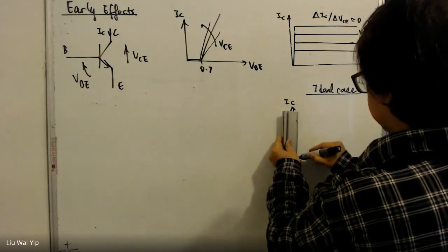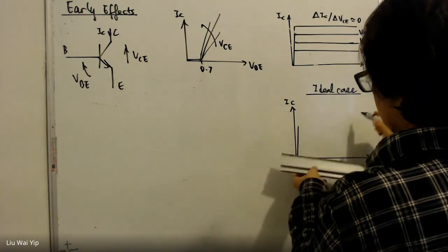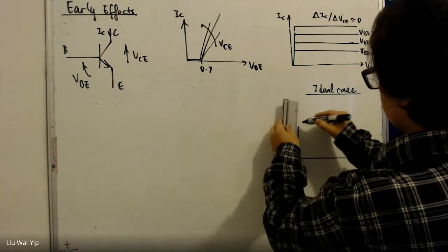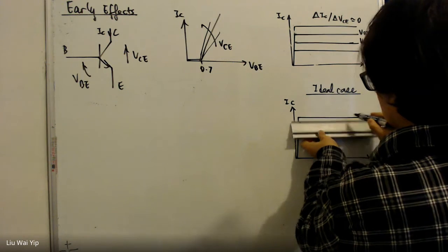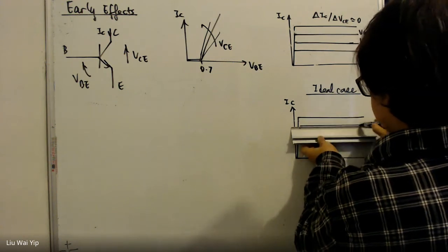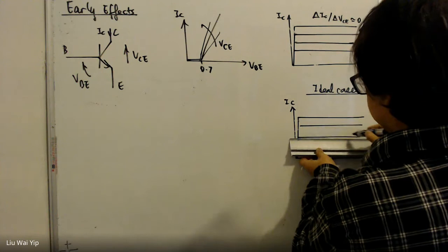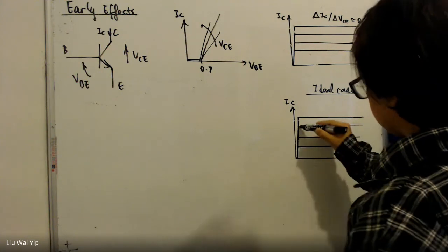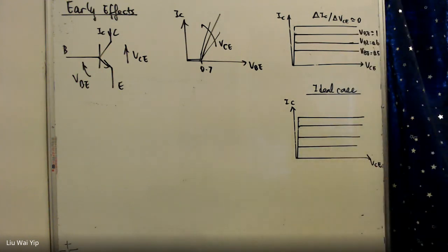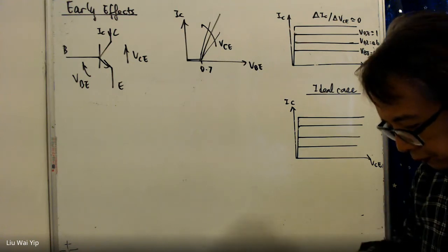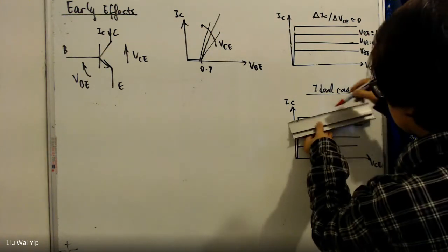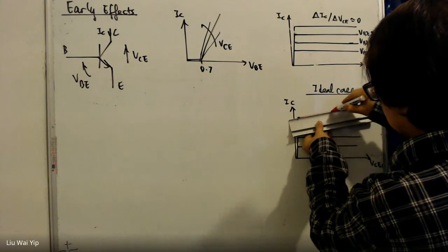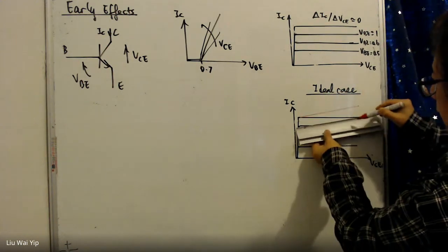And what they get is, they still get something similar to the original one, but with higher VCE voltage. They end up with something like this.